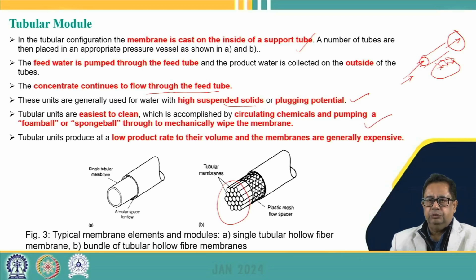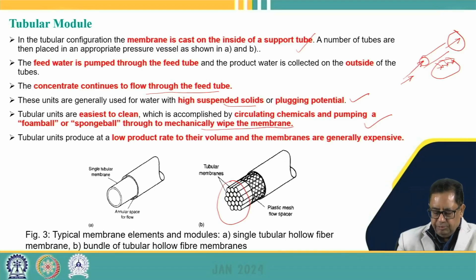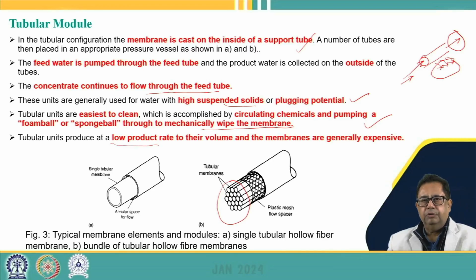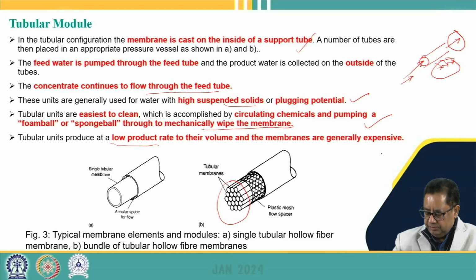We can circulate chemicals through these tubes, or they can also be cleaned by pumping a foam ball or sponge ball through the tubes, so that it can mechanically wipe the membranes. The tubular units produce at a low product rate, so the amount of permeate produced relative to the volume of water applied is lower, and these membranes are generally expensive in nature.